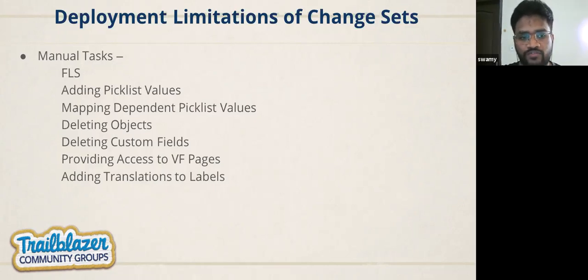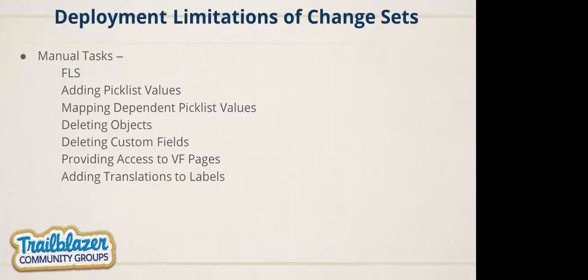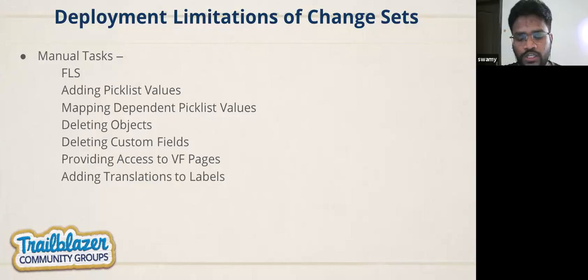So again, I have to perform all these manual tasks. And then from UAT to production again. That means for deploying the same set of customizations, I have to do manual tasks thrice: from DevBox 1 to QA, from QA to UAT, and then UAT to production.